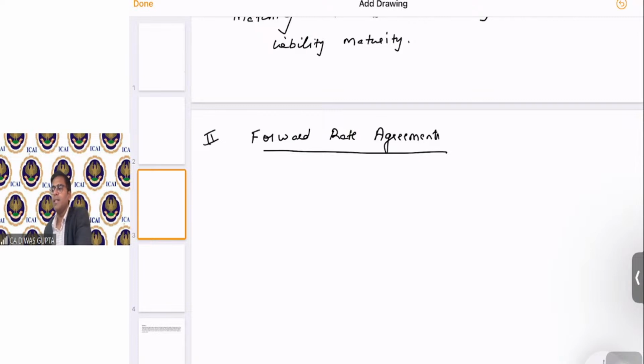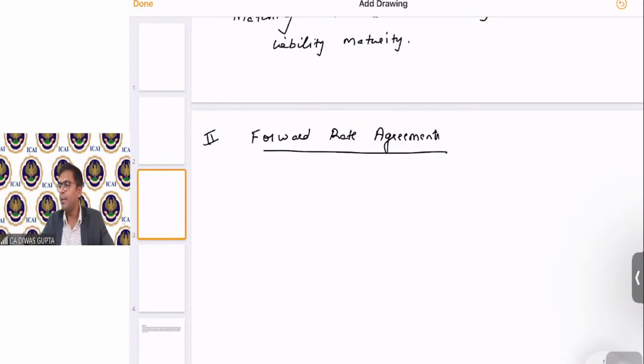The classic example is the Mumbai Interbank Offered Rate, which is MIBOR, the rate which appears for all the banks operating in this market. So there is an interbank market where different interest rates appear and different banks operate.